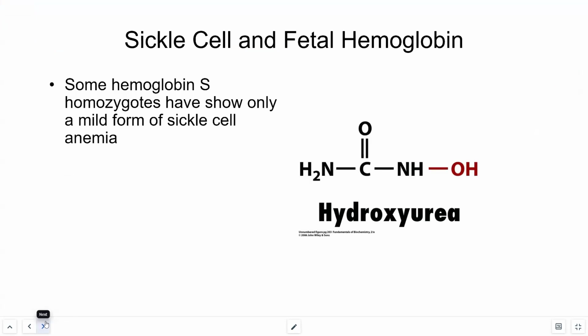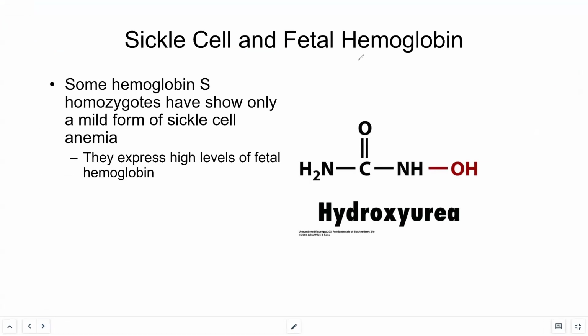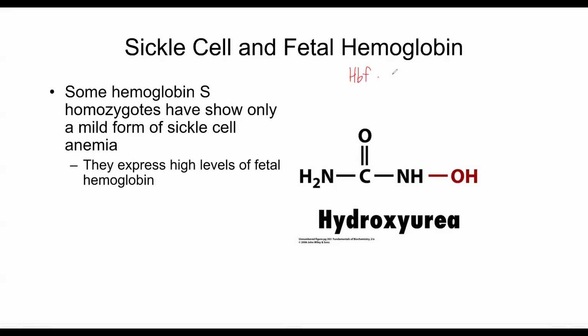a mild form of sickle cell anemia, and they express high levels of fetal hemoglobin. Now, if we think back to last Wednesday, HbF, or fetal hemoglobin, is a form of hemoglobin that has a low bisphosphoglycerate affinity. And so, in effect, this actually has a high affinity to O2.